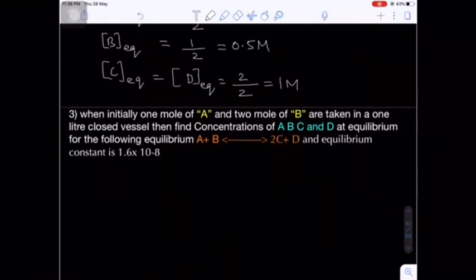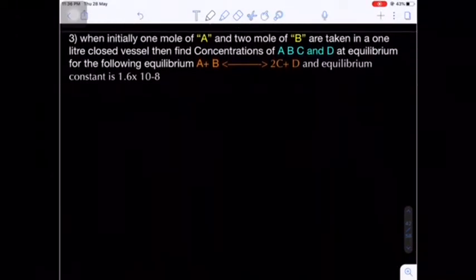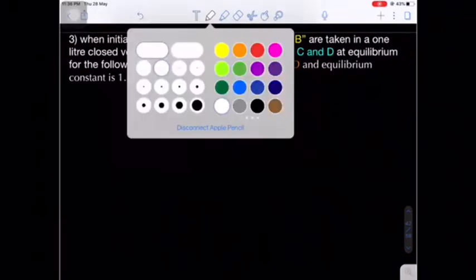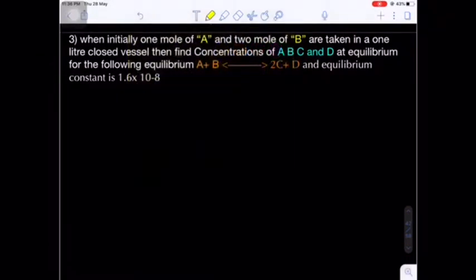Okay, now come to the next problem. Here we have initially 1 mole of A and 2 moles of B in a 1 liter closed vessel.